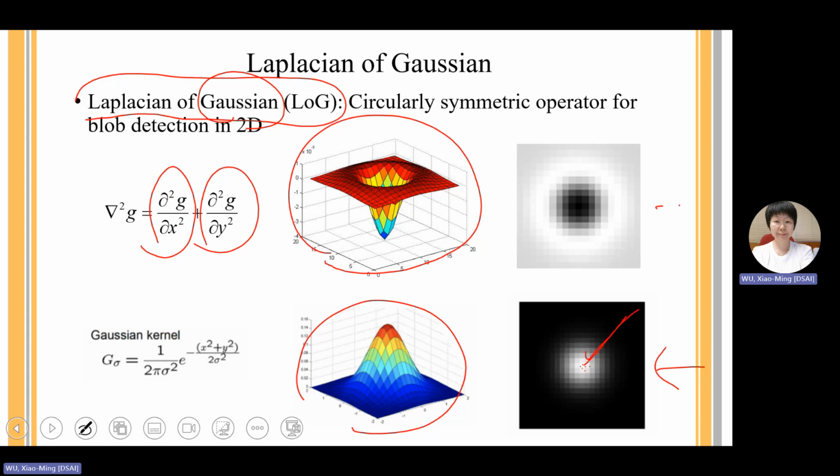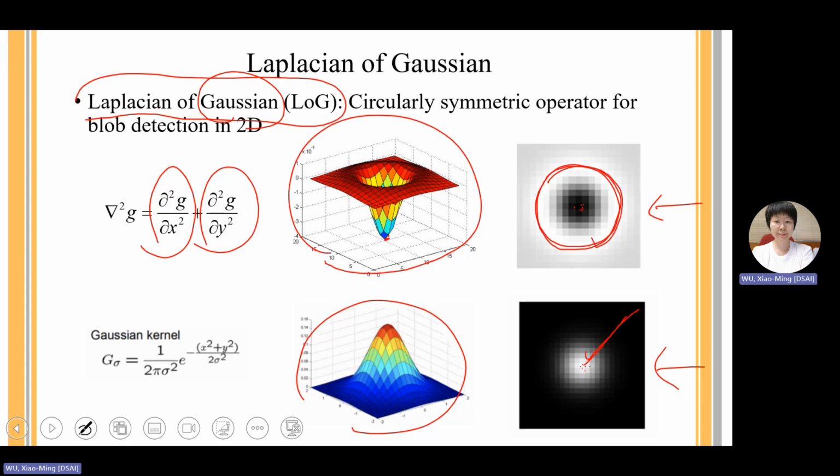What can you observe for the LOG function? Where is the maximum value achieved, and at which place is the lowest value achieved? The lowest value is at the center, while the maximum value is achieved along this circle.